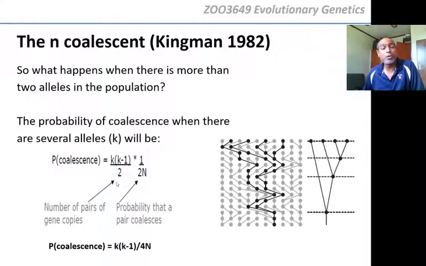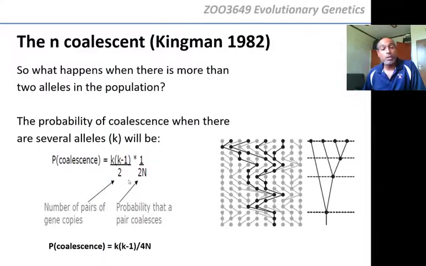Because, as you know, it is always a diploid population that we are dealing with in a Wright-Fisher population, okay? And so then once you know the number of gene copies, you simply multiply it by the probability that a pair is coalescing in the next generation, okay?